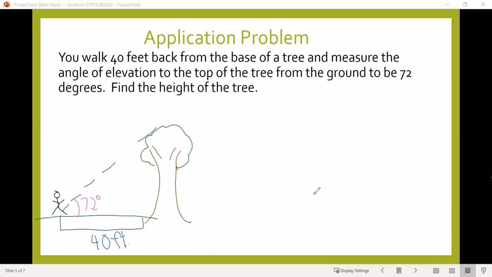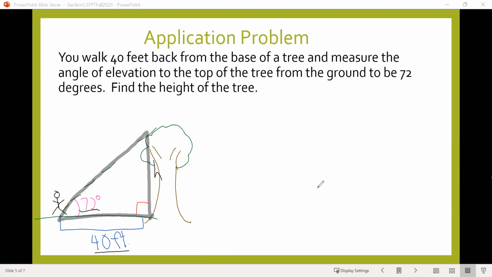So actually it should look more like this. Okay. And in that right triangle, we see that the bottom side has a length of 40 feet. We have this angle of 72 degrees. And then we want to find the height of the tree, which is going to be this side of the triangle here. And again, we've got the right angle here.